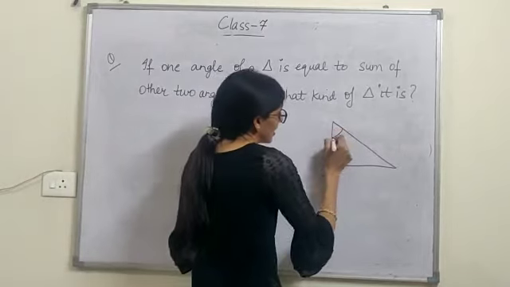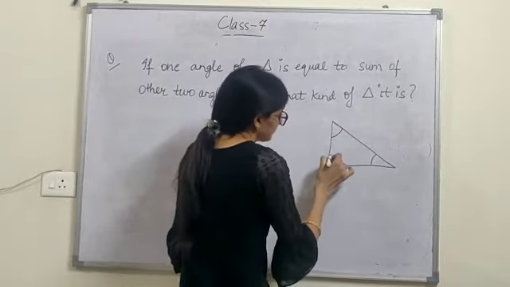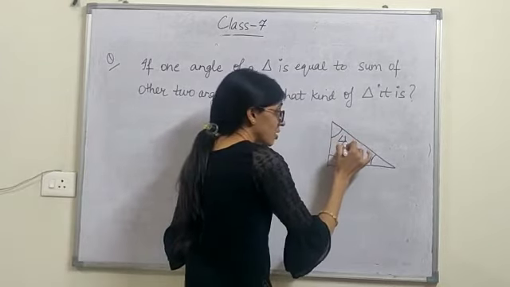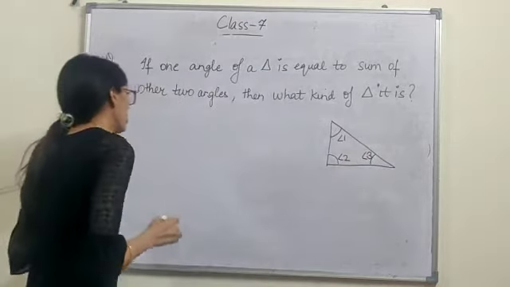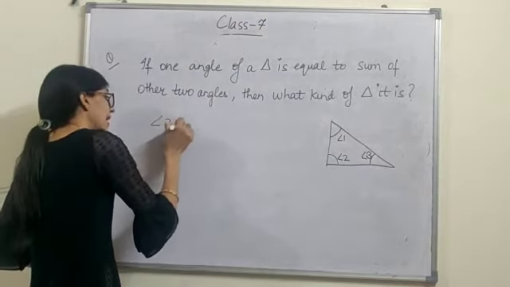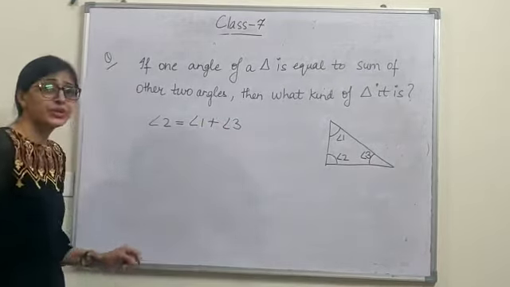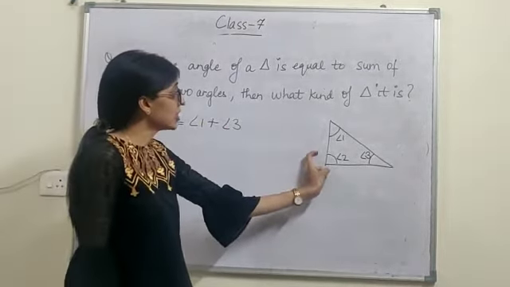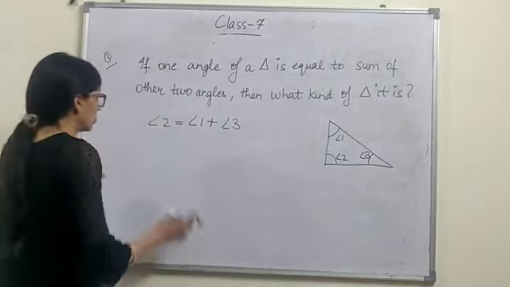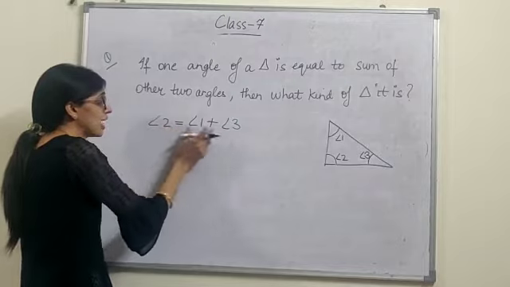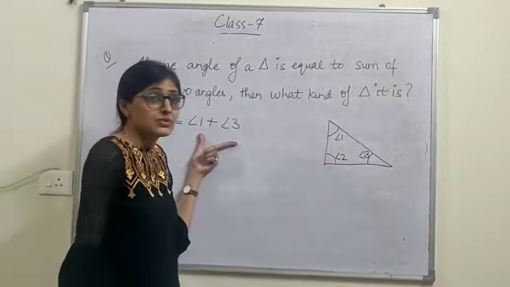Suppose I have taken this triangle, right? This is angle 1, this is angle 2, this is angle 3. Suppose I say angle 2 is equal to angle 1 plus angle 3. This is given to you, that one angle is equal to the sum of the other two angles, right?